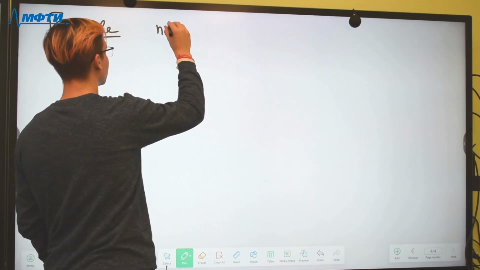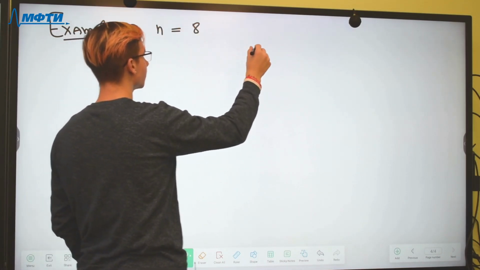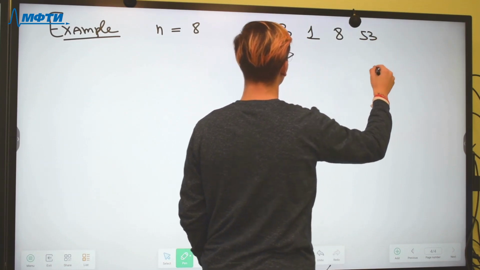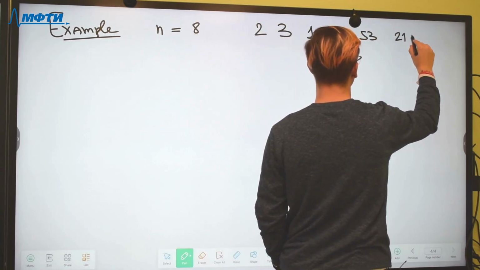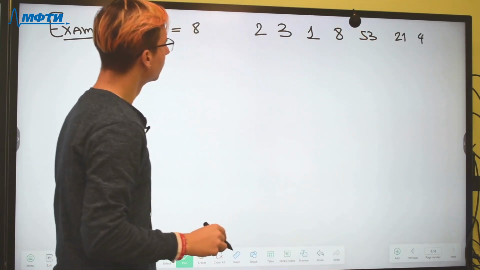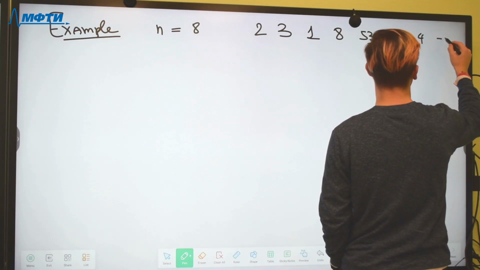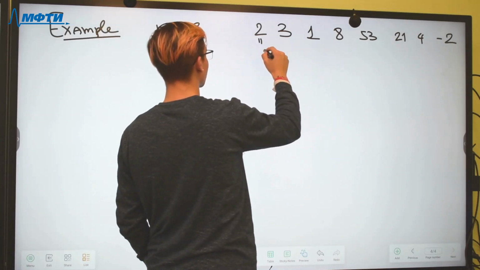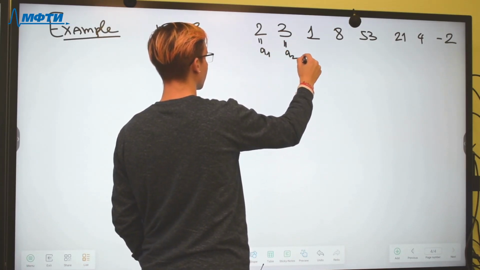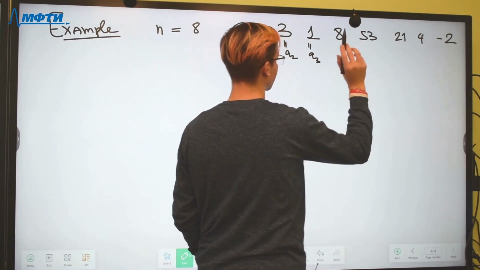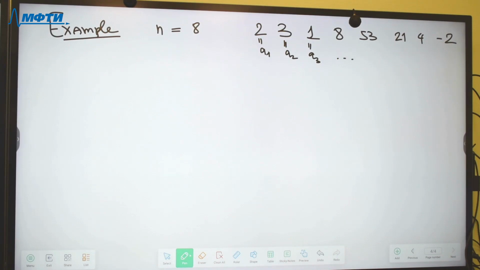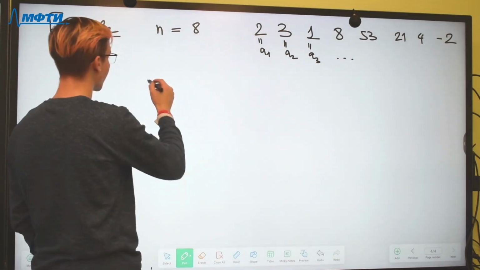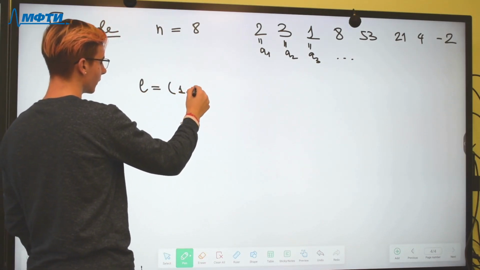For example, if n equals 8 and we have, for example, this sequence a1, a2, a3, etc. Then initially L equals 1, 1, 1.